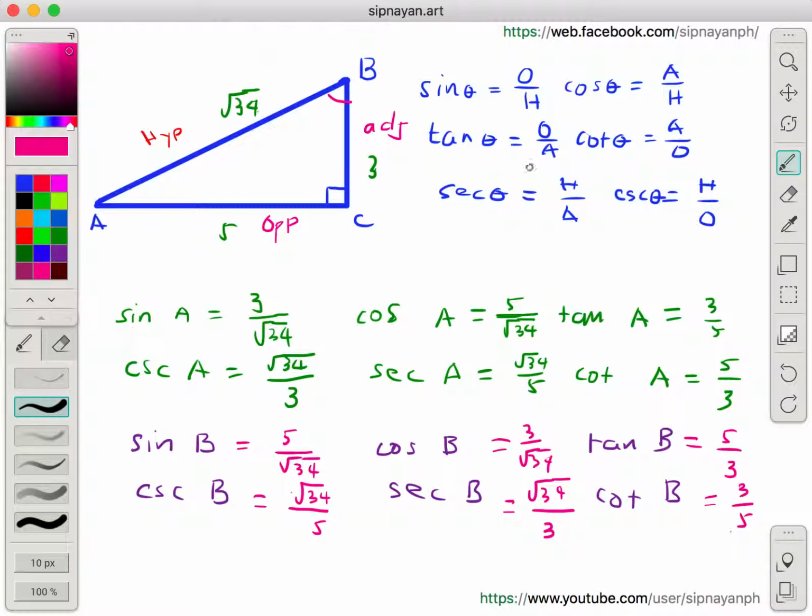Basta kabisado nyo yung formula. Actually, isa lang yung formula na kabisado nyo, yung sine, cosine, tsaka yung tangent. Isang triples lang. Yung second 3, hindi natin kailangan kabisaduhin kasi they are inverses of these ratios.